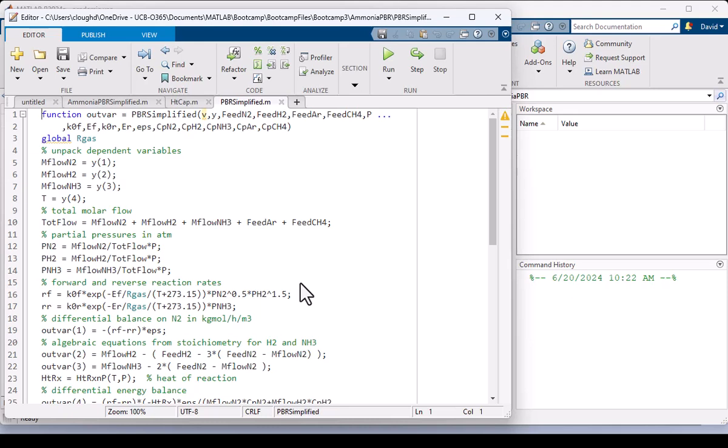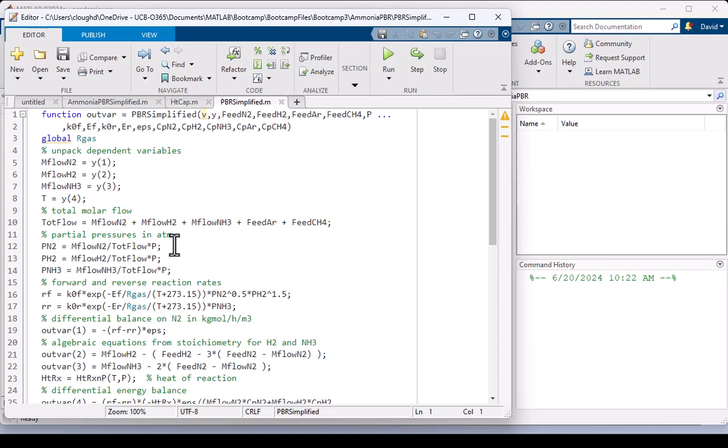And this is the routine that essentially computes our derivatives and our algebraic relationships. You'll notice that it has the same list of arguments that we had in our anonymous function definition. So now all of these variables, feed N2 to heat capacity, methane, are all available to this routine.